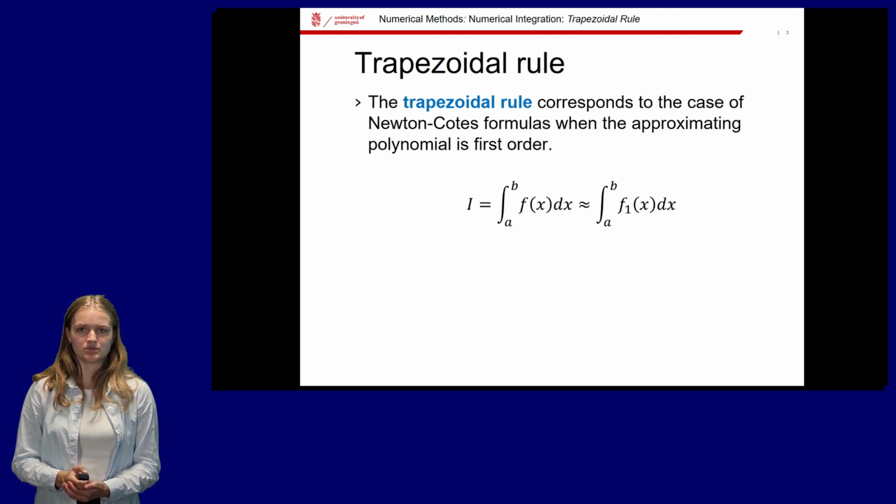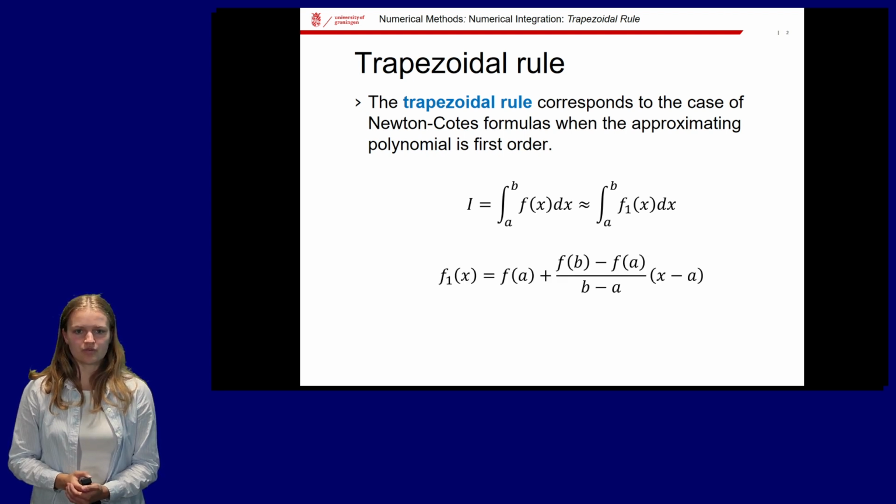Recall that this was the general formula for the Newton-Cotes formulas. You approximate this function f of x with a polynomial f1 of x or fn of x, and in this case it is a first order polynomial, so it's f1 of x.